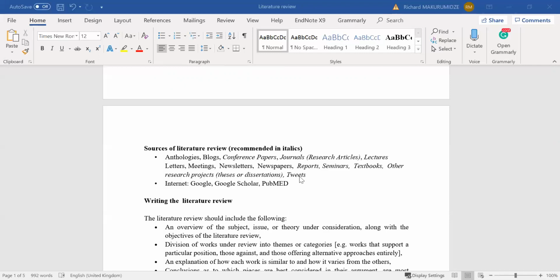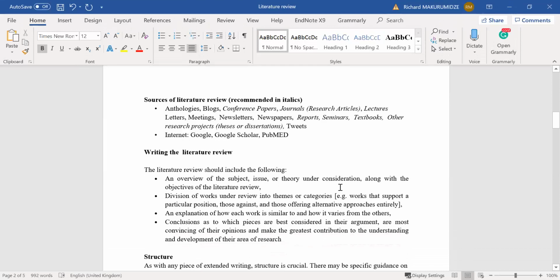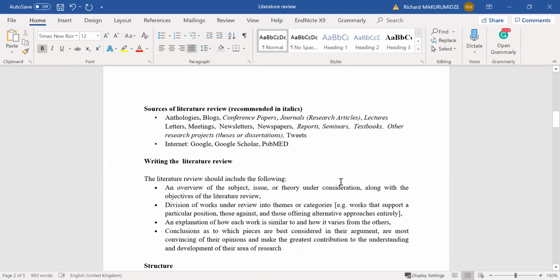Tweets, yes, you can use some of the tweets, but I think it's not something recommended here. As I said, research is scientific, so what you quote and use as your sources should usually be materials which are also scientific. Social media, yes, if you're really sure of whatever you're quoting, then it makes sense. But let's avoid using those things for literature.